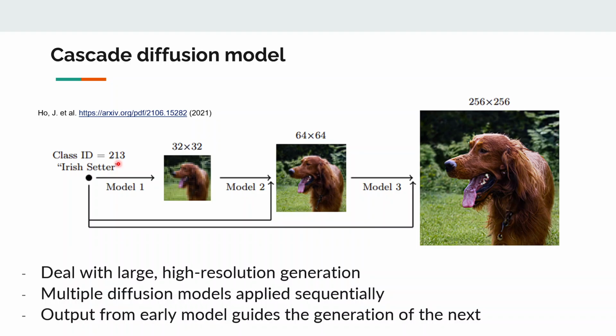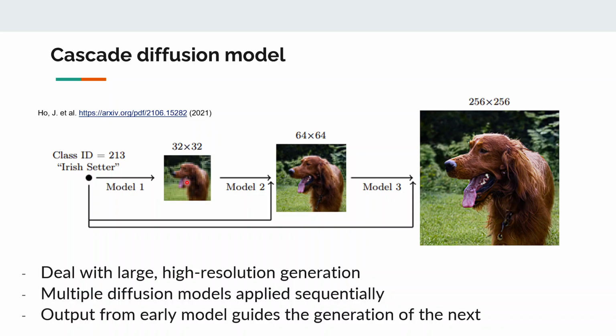And just to show you an example, if you want to create realistic pictures of a dog, like maybe an Irish setter, a breed of dog, the diffusion model tries to start from some random numbers and then create. First, it might get a blurry image of the dog, but still showing some realistic characteristics of an Irish setter.